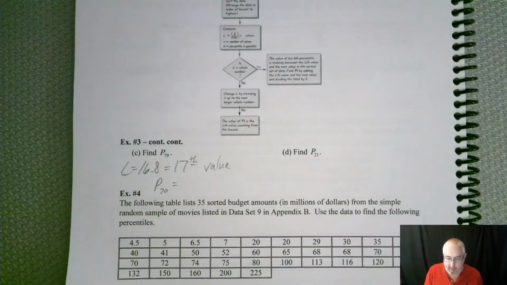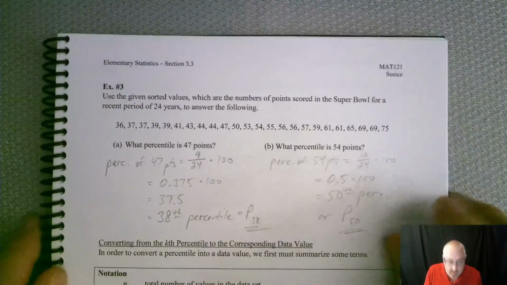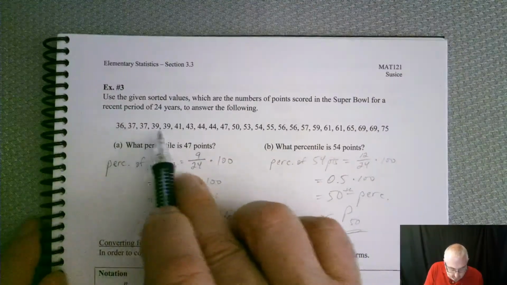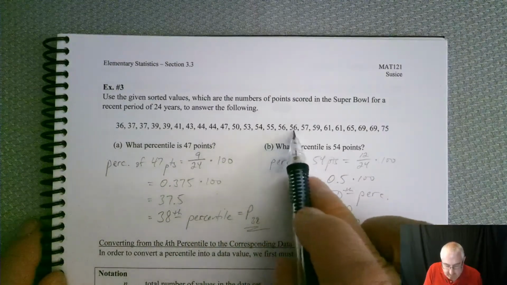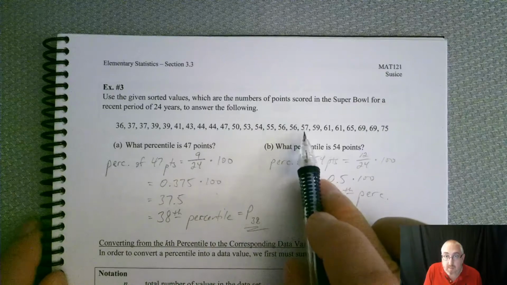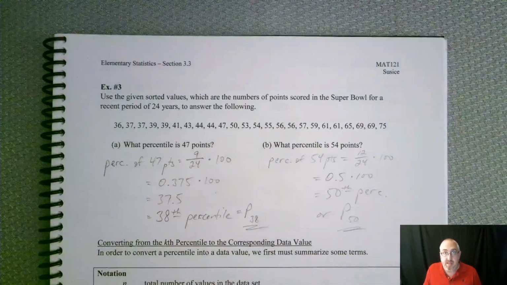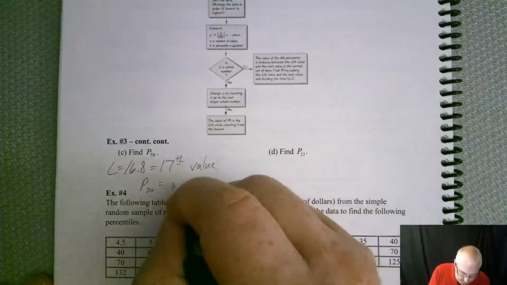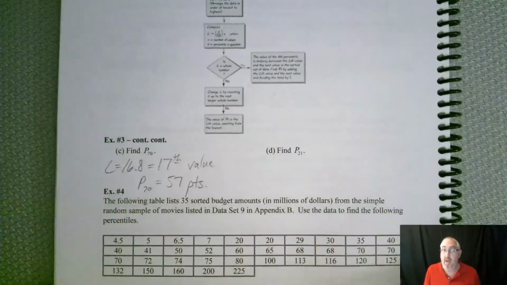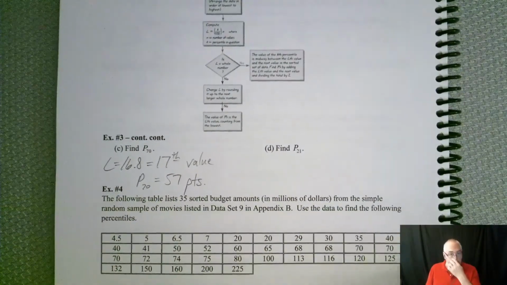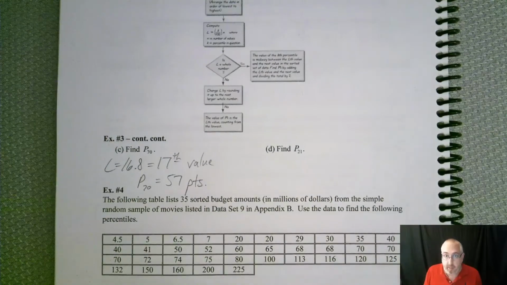Well, we have to go back. 1, 2, 3, 4, 5, 6, 7, 8, 9, 10, 11, 12, 13, 14, 15, 16, 17. So 57 is in the 17th spot. So that must be P70. And don't forget your units. Percentiles do have units based on whatever your data set is talking about.